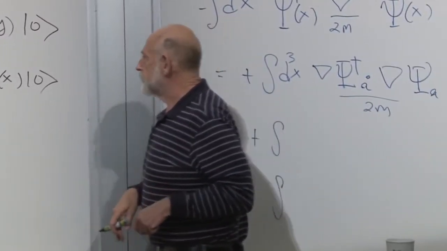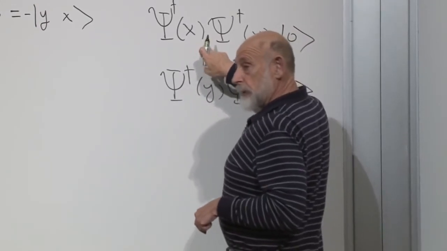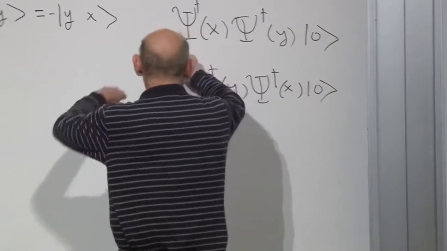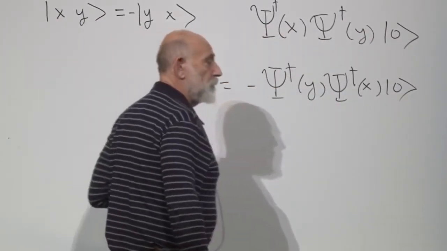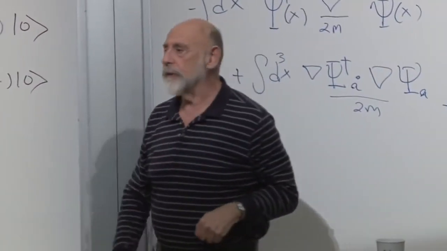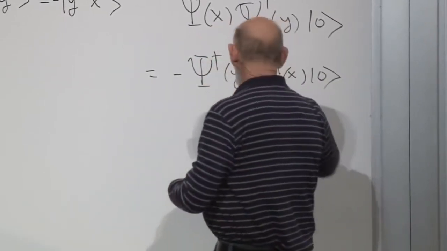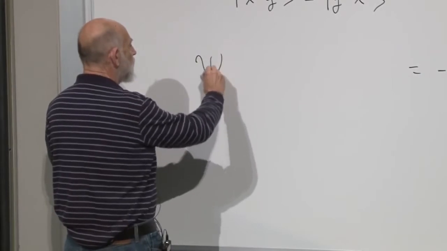That must mean that for fermions, if psi here is representing fermions, the top formula is minus the bottom formula. And the mathematics that goes with this is just a statement that for fermions, the fields anti-commute.